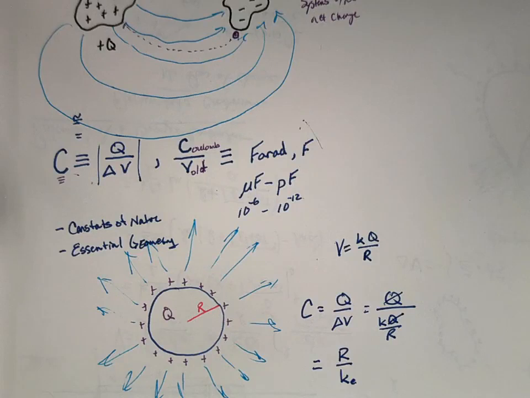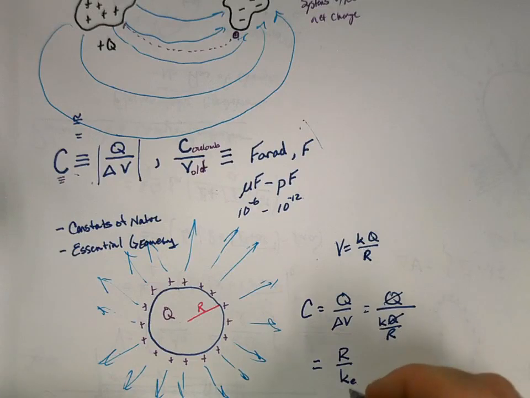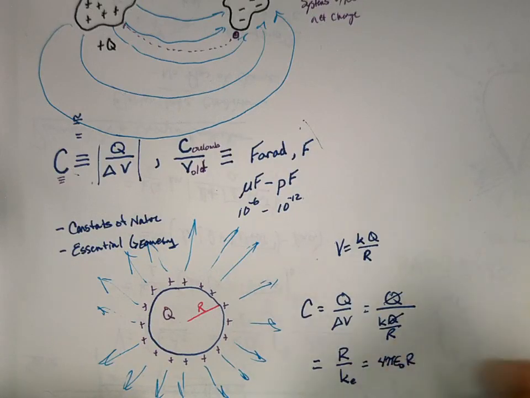And so the essential geometry of a sphere is the radius. Now, this can be written as R over K, or this is the same thing as 4 pi epsilon naught R. And there we have our fundamental constants with our essential geometry for our sphere.